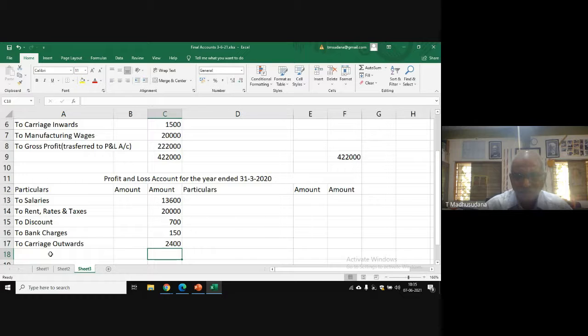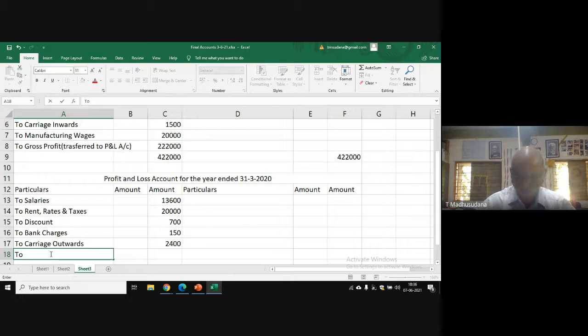Carriage inwards means carriage on purchases. Carriage on purchases is a direct expense. Carriage outwards is an indirect expense. You have to remember that. Next, to advertisement, 4,000.